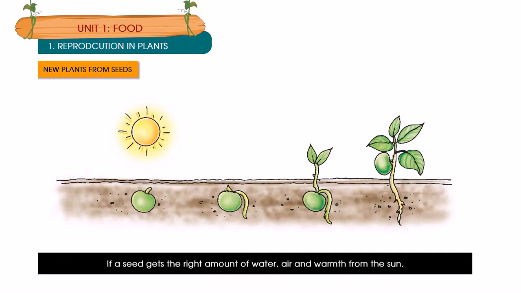If a seed gets the right amount of water, air, and warmth from the sun, a seed will produce a baby plant or seedling. The process by which a seed produces a baby plant is called germination.